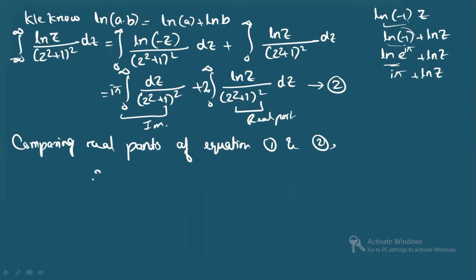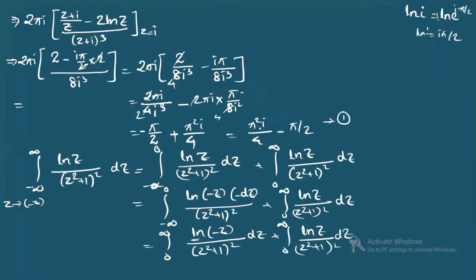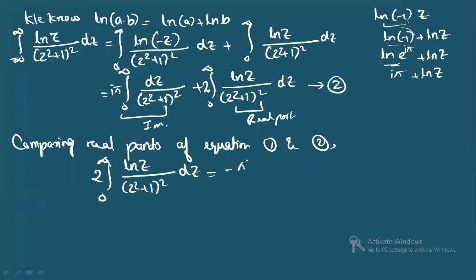get? You will get 2 times the integral from 0 to infinity of ln(z squared plus 1) over (z squared plus 1) whole squared dz. It is equal to what? So here if you see, the real part is minus pi by 2, right? It is equal to minus pi by 2.